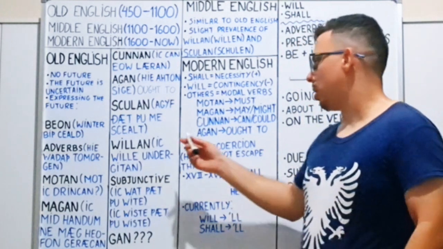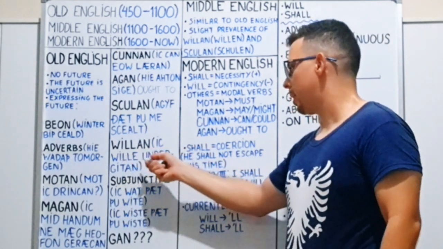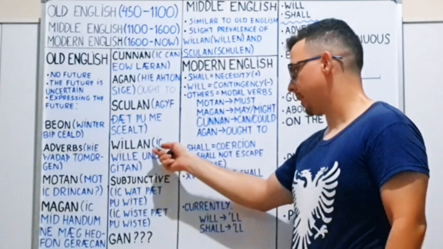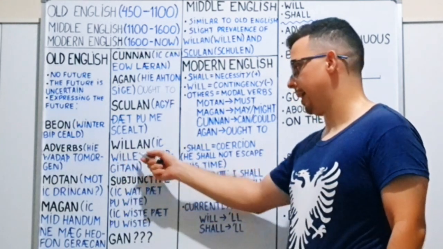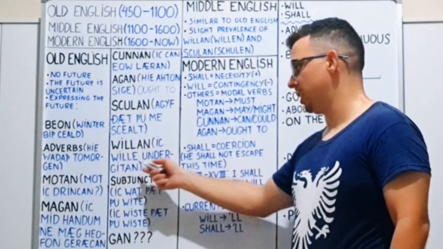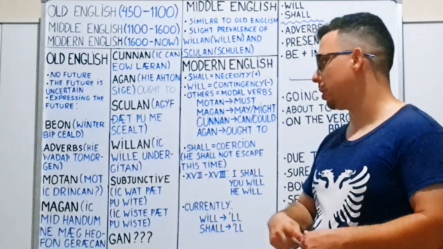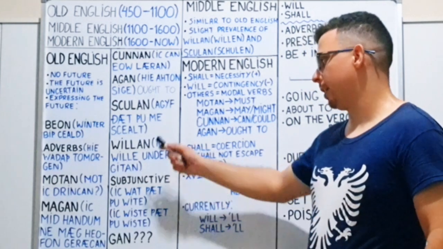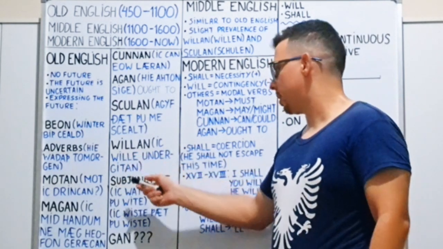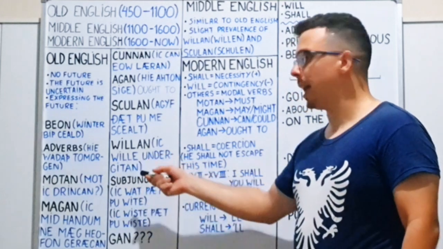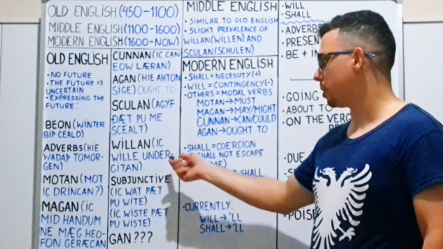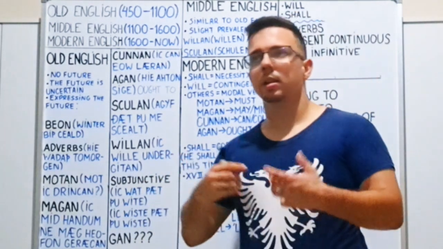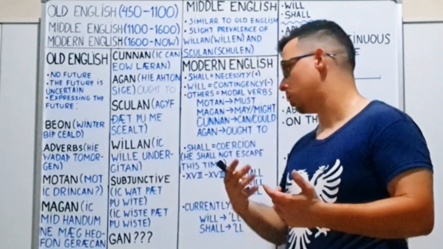And so let's see the example. Ich ville undergitan. I would like to understand. Undergitan, understand. In Old English we have several words that could be translated as understanding.